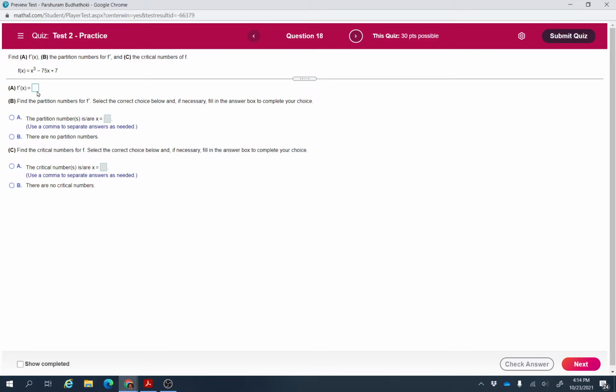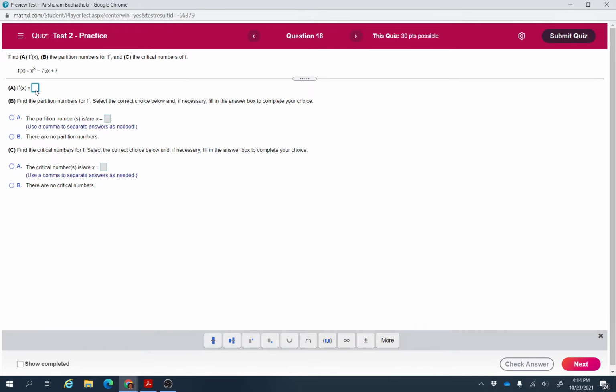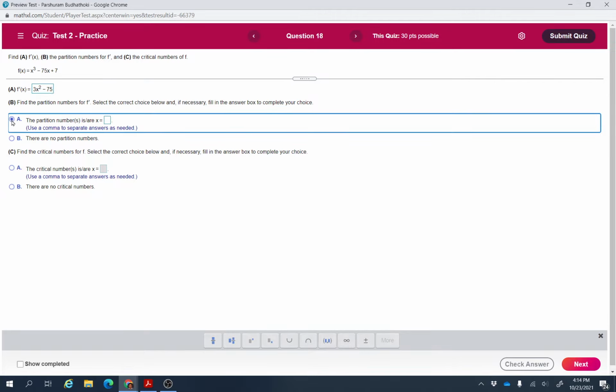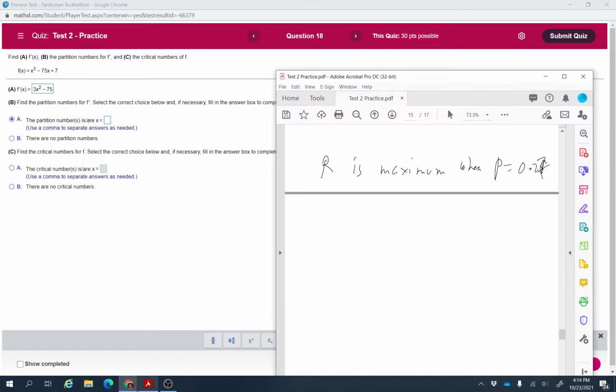Finding the derivative is not a big deal. It's just the power rule, which gives 3x squared minus 75. Partition number means find where this derivative would be 0, and then on the left and right side of that number, check if the derivative is positive or negative.